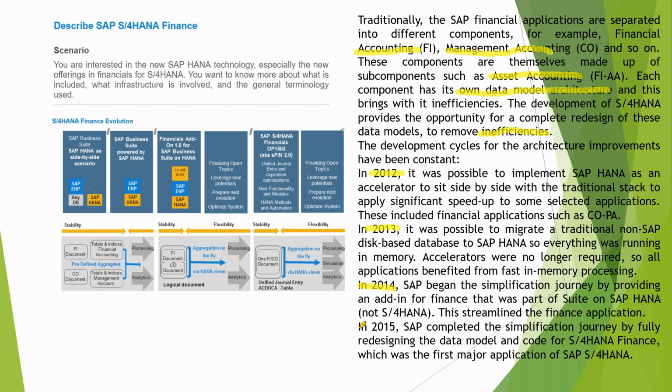But when it comes to 2015, there was a complete simplification journey with a fully redesigned data model with finance and other major areas. Initially we were only talking about finance, but from 2015 onwards we saw simple logistics, BPC, IBP. There are so many other integrations which have been introduced with your HANA platform.